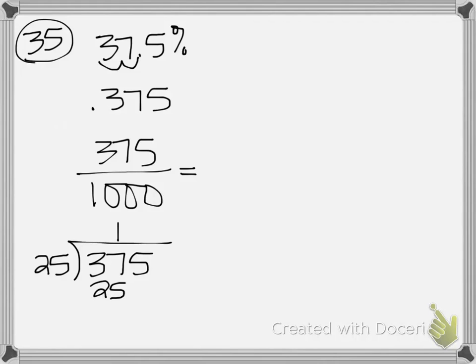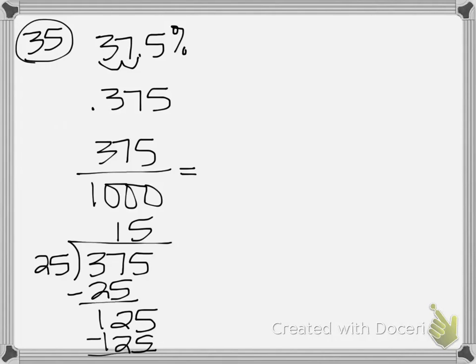See here, 1 times 25, subtract, 7 minus 5 is 2. Bring down the 5. But you're taking 25 into 125, right? I didn't bring down that one. That's why I didn't bring the 1 down. Okay, so 125. There we go. So that goes in 15 times.